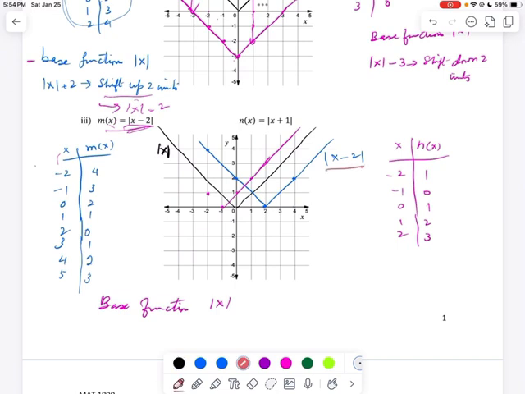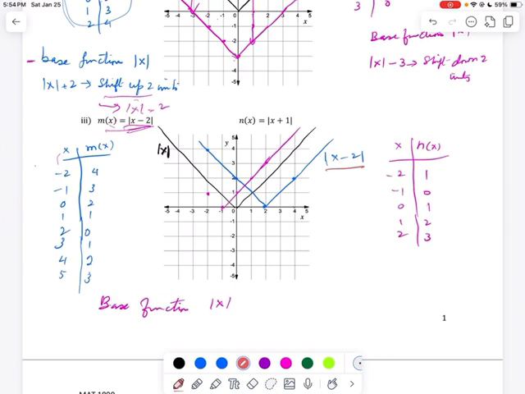And what do you notice? Every point on the graph has moved 2 units to the right. So when you have x minus a number in the base function, the number is being subtracted from x, or subtracted or added.